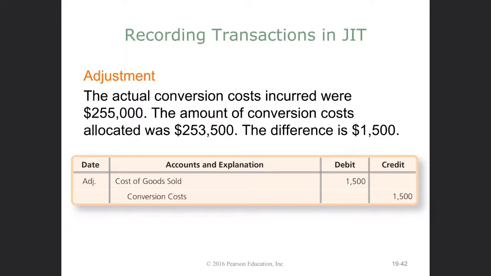So now we're adjusting for and fixing, truing up this account. So we're going to debit our cost of goods sold for $1,500, and we're going to credit our conversion cost for $1,500 to record that adjustment and fix this allocation.